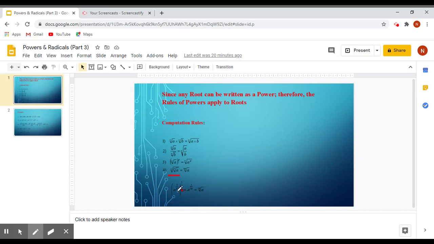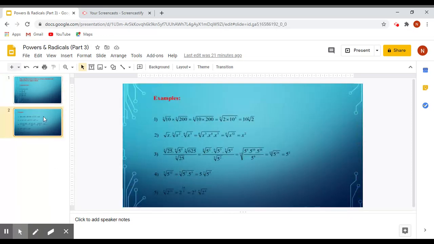Now we know from the properties of powers, when a power is raised to another power, we multiply the powers. So this is a to the 1 over np, and we can rewrite it as the root of np and a under this root.